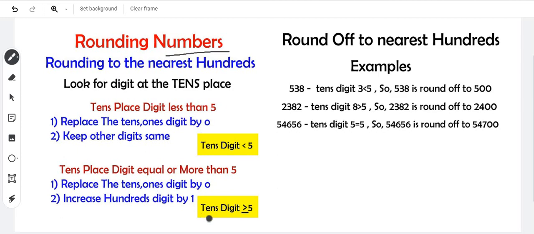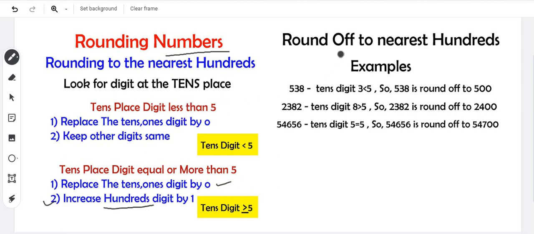And the second condition is tens place digit equal to or more than 5. It means the first rule is replace the tens and ones digits by 0 and increase the hundreds digit by 1. Hundreds digit, because we are doing the nearest hundreds.